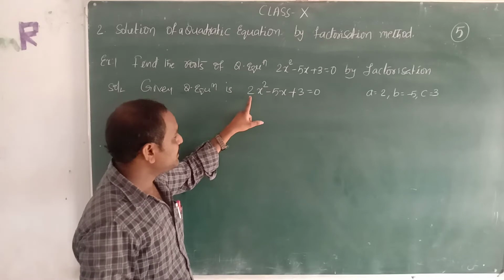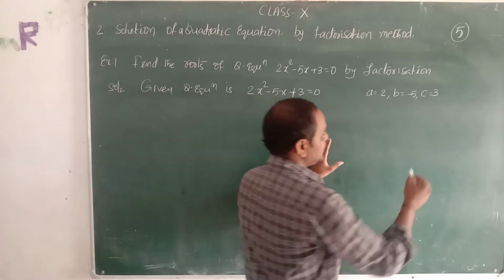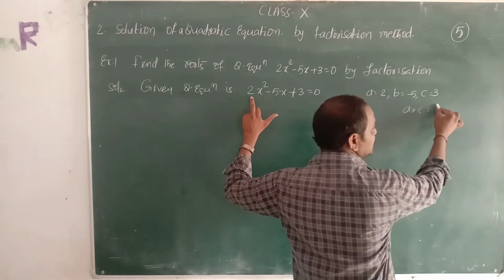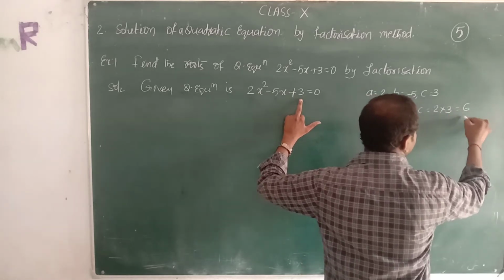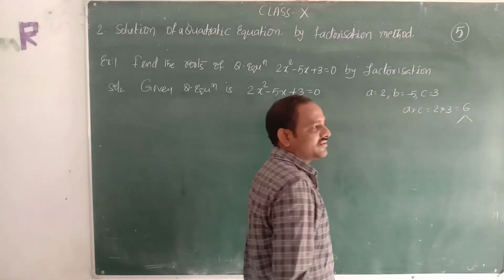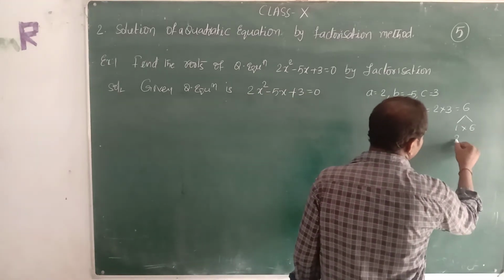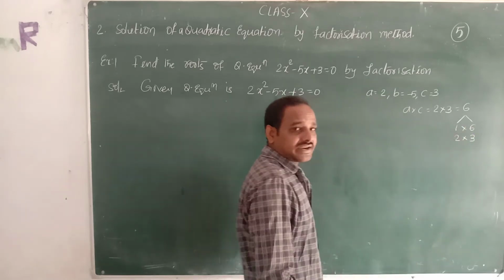We have to multiply this a with the constant c. A into c. That means a here is 2, into what is c? 3. 2 3s are 6. So now we need to write the factors of 6. 1 6 are 6, 2 3s are 6. So 1, 2, 3, 6. Those are the factors.